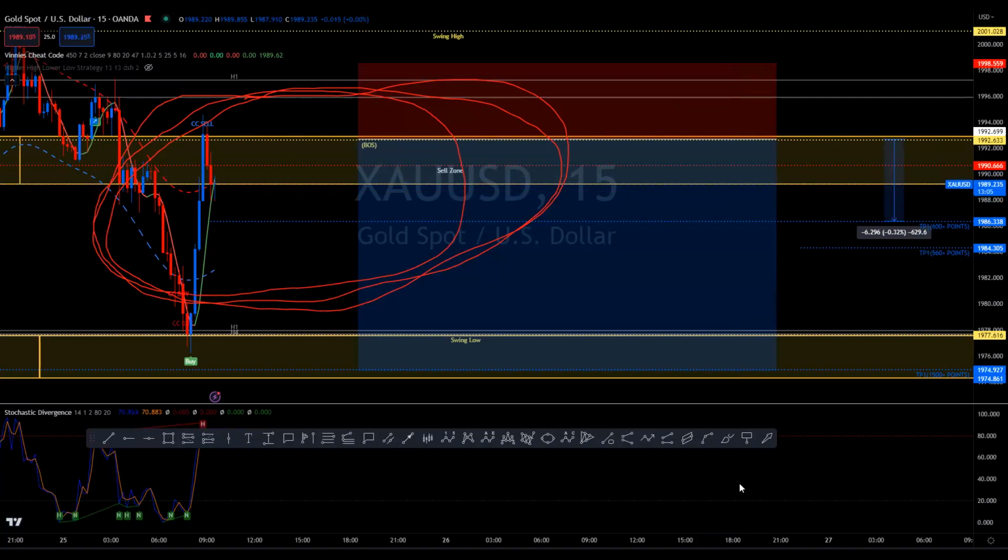It looks like it's hitting that area, and it might be struggling to go up.